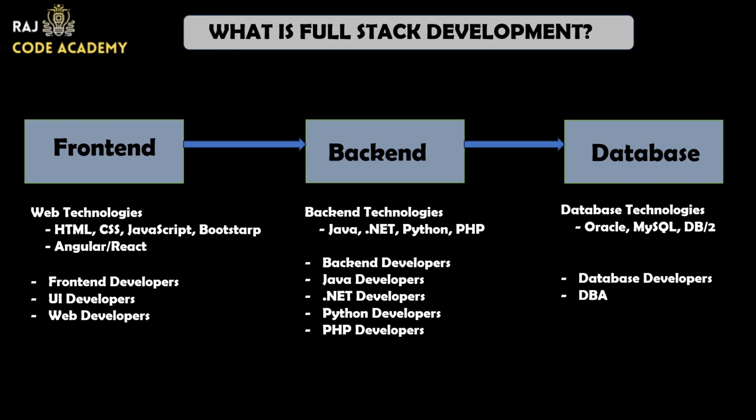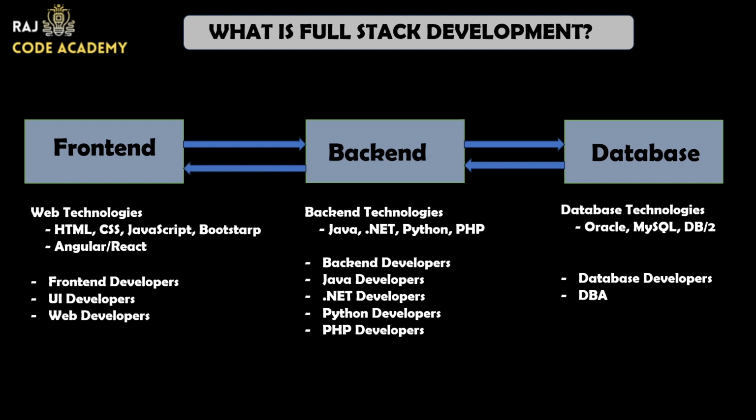The people who take care of this database, we can call them database developers or DBAs. DBA means database administrators. In the database, we are going to insert the data, update the data, delete the data, or we can even retrieve the data from the database, and those details are given back to the backend.